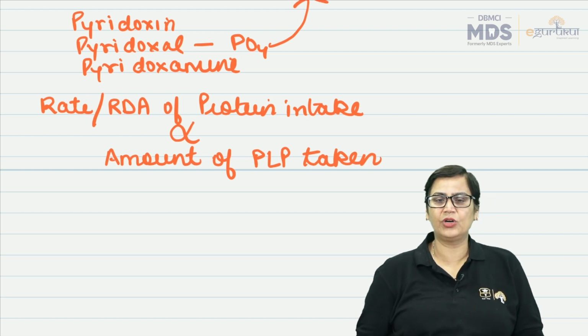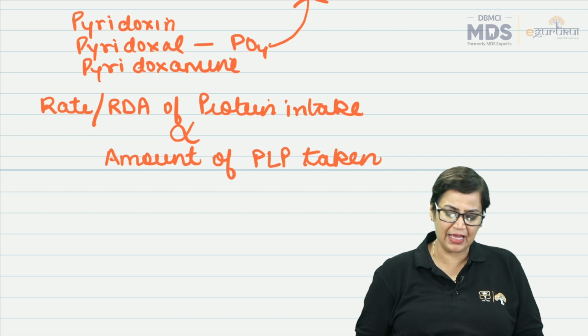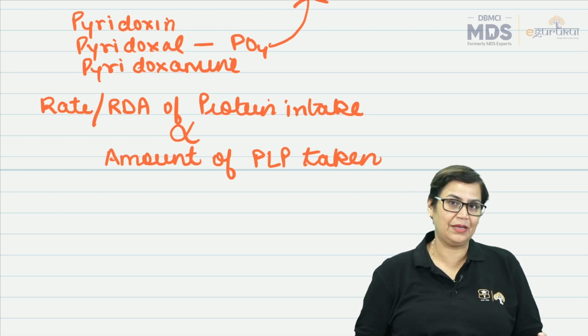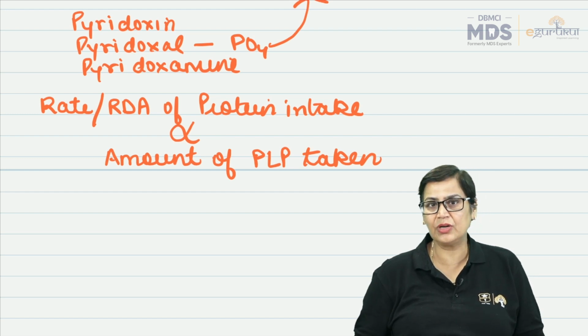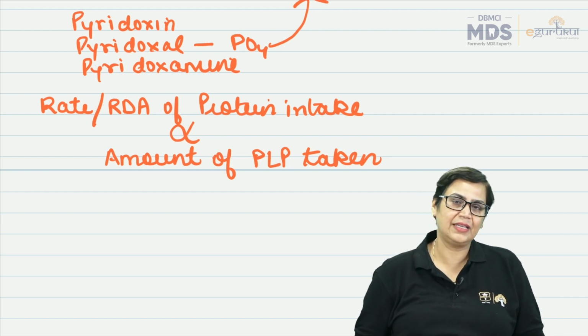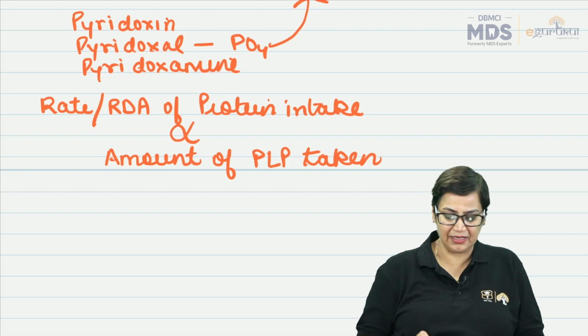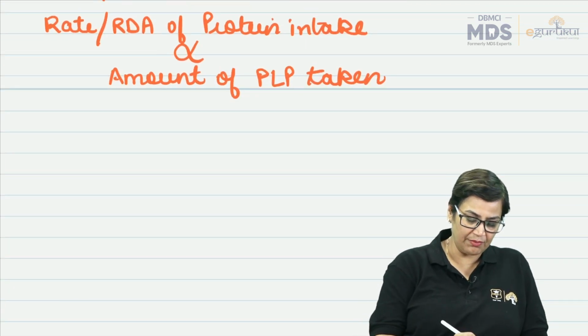Whatever proteins we are having in our diet, they are directly proportional to PLP. That means PLP is connected with the proteins. Now, how it is connected, that is the question. So then we come over to the biochemical functions.